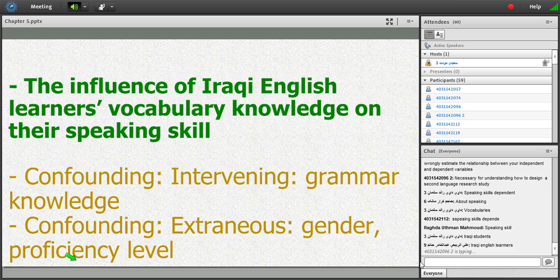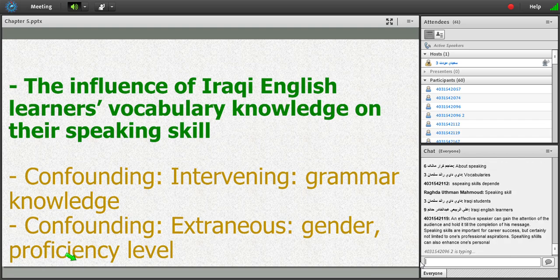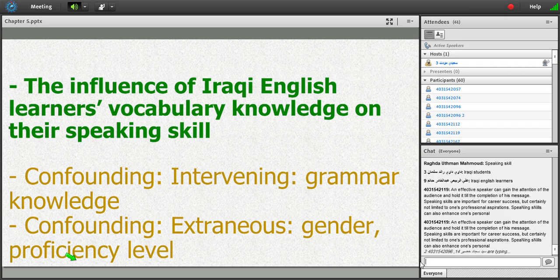For example, if you have elementary, advanced, and intermediate students in your research, maybe their speaking skill scores are different because of their proficiency level, not their vocabulary knowledge. Okay, so these are the confounding variables.